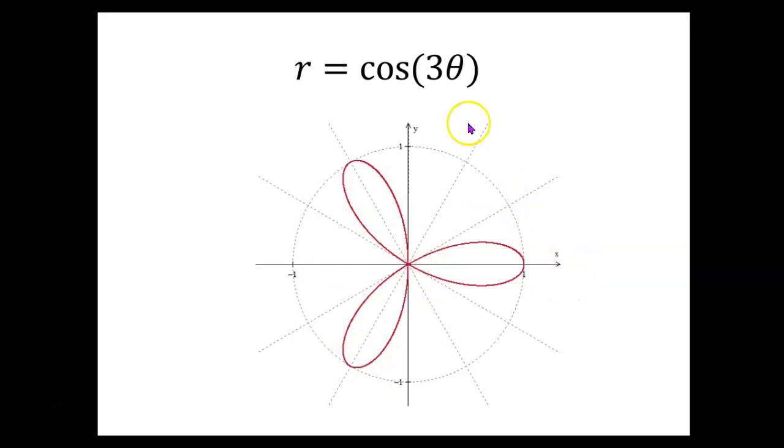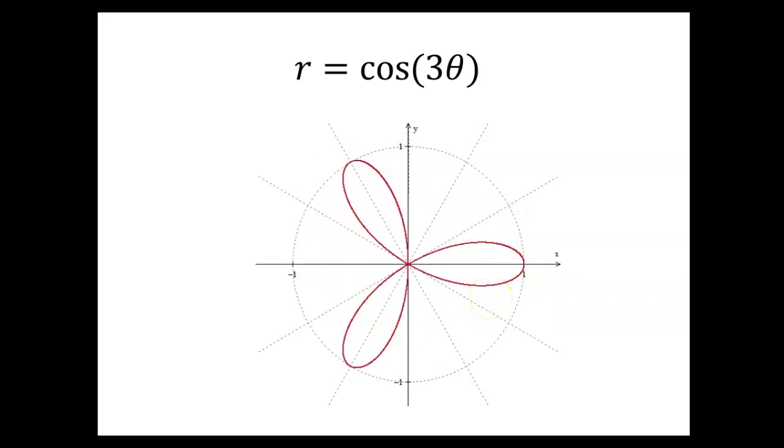And that's because with cosine, if we start with theta being 0, the cosine of 0 is 1. And then by the time theta gets to pi over 6, 3 times pi over 6 would be pi over 2, and the cosine of that would be 0. So we get the same loops, they just happen at different places, at different angles, different thetas.